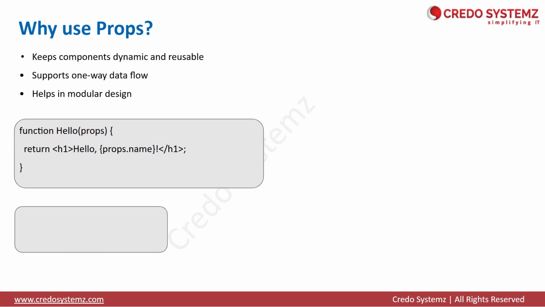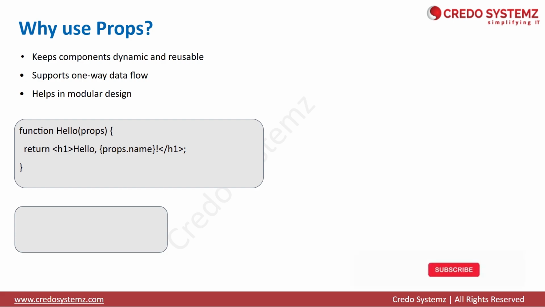Here also I did the same, and you can see that I have props.name. What does it mean? I explained props is an object. Whenever you have an object, if that object has properties and you want to access them, you can use dot notation.